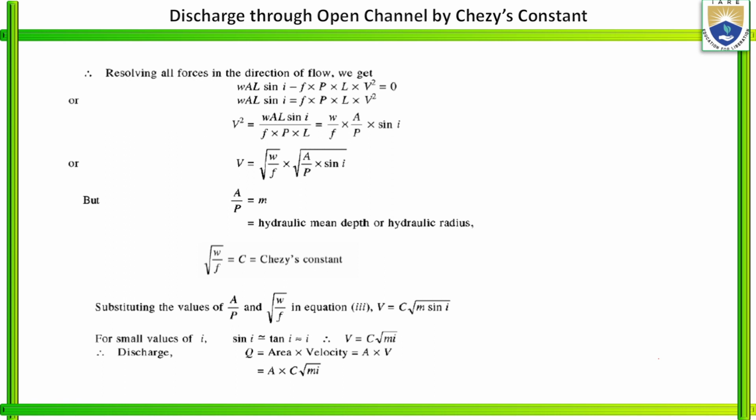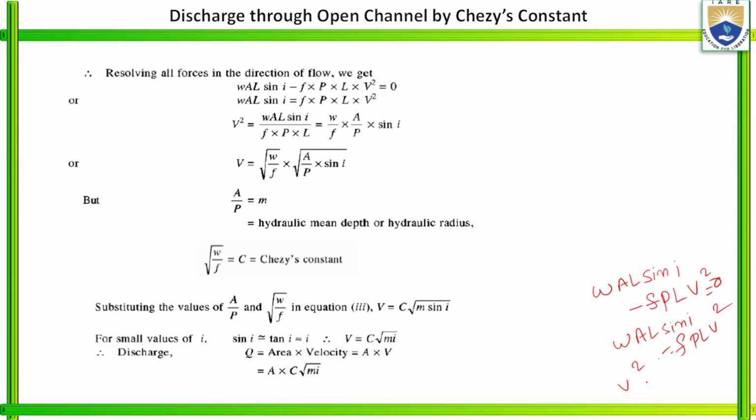Now we are doing the calculation. W A L sin I minus F P L V squared is equal to 0. Equating both, W A L sin I is equal to F P L V squared.